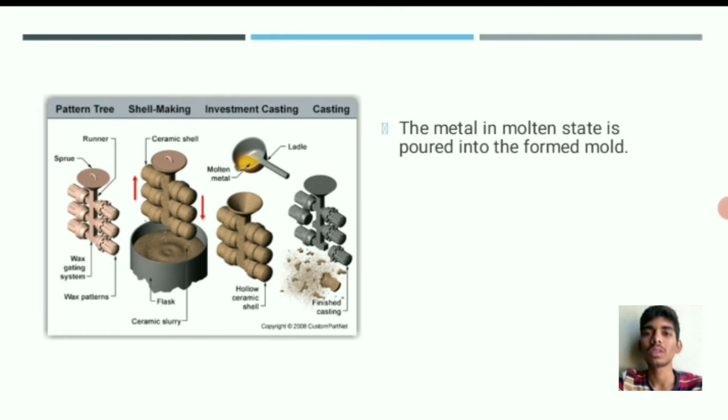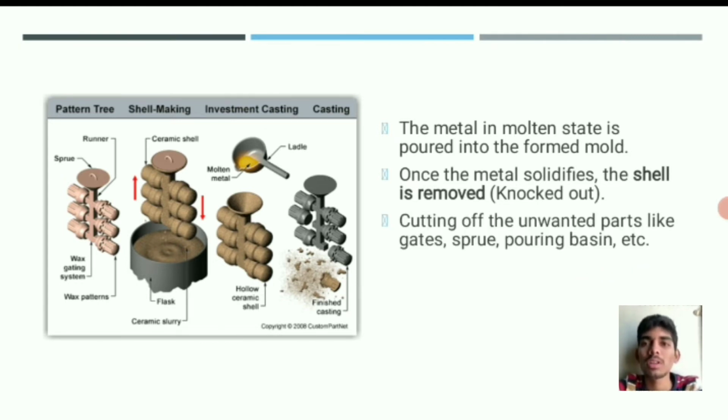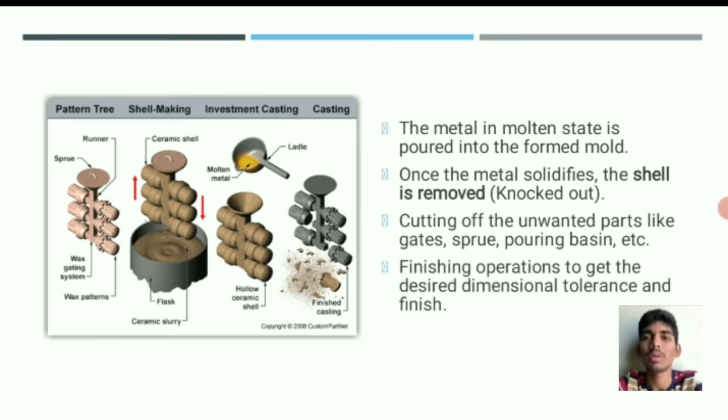Next, the metal in molten state is poured into the formed mold. Once the material has solidified, the shell is removed by knockout. Next, cutting of the unwanted parts like gate, sprue, pouring basin, etc. Next, finishing operations to get the desired dimension, tolerance and finish.